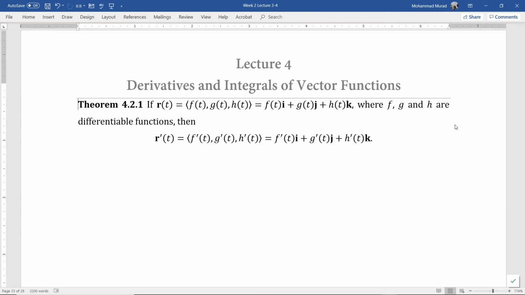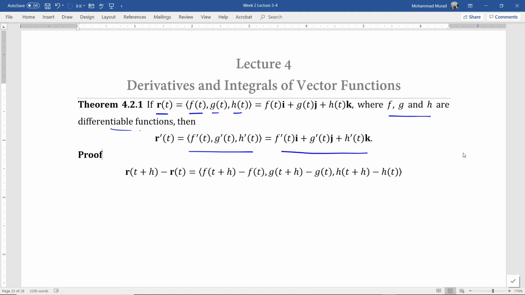Theorem: if r is a vector function with the component functions f, g, and h, where f, g, and h are differentiable functions, then the derivative of the vector function r, namely r prime, can be calculated by using either of these two formulas. Let's see the proof.